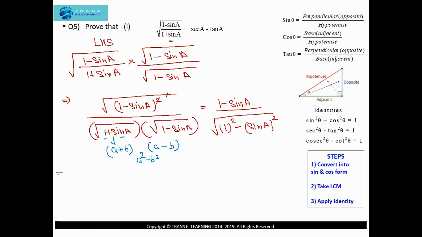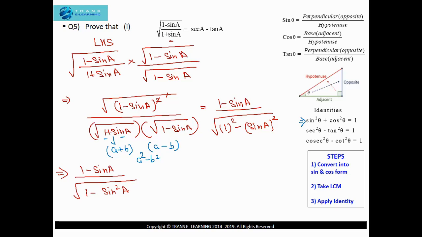So now I'm going to rewrite this. The numerator will be same, that is 1 minus sine a, and the denominator can be written as 1 minus sine square a. Now if we consider the first identity, that is sine square theta plus cos square theta is equal to 1, I can find out the value of 1 minus sine square theta.